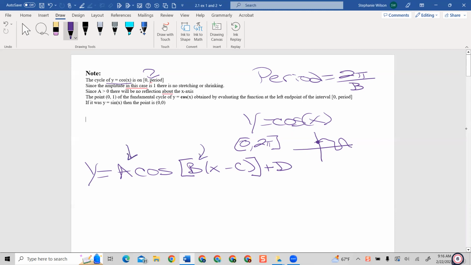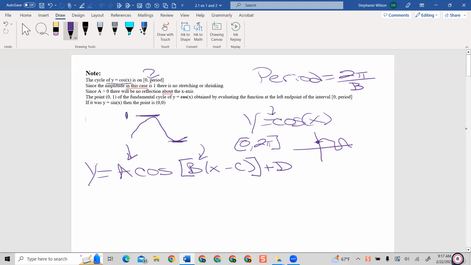If your A here, which is my amplitude, is 1, then there is no stretching and no shrinking going on. The amplitude tells me that this wavelength is going to hit here, and it's going to bottom out here. Whenever we solve for it, we solve for the absolute value of it, and I'm going to go over that in detail in just a little bit. In this case, since you don't see a number here, we know our amplitude is 1.